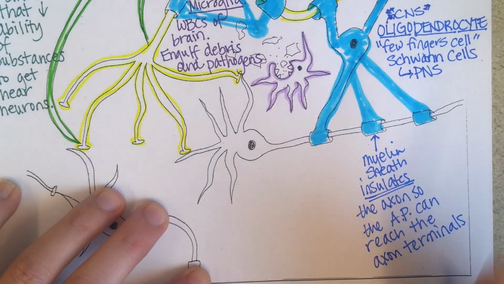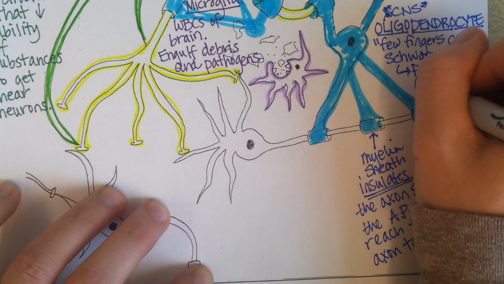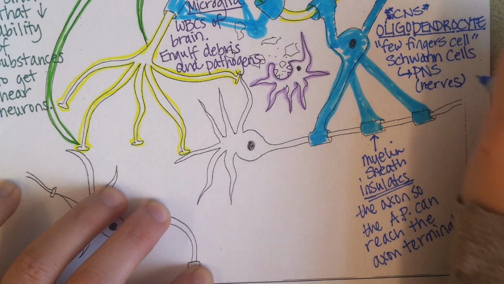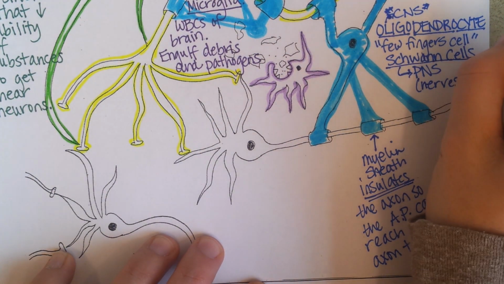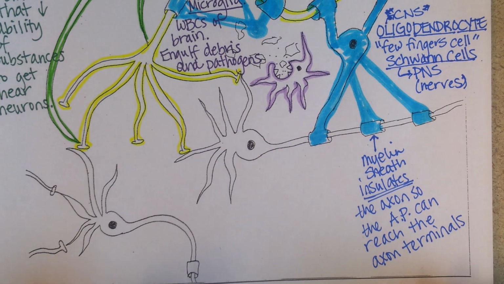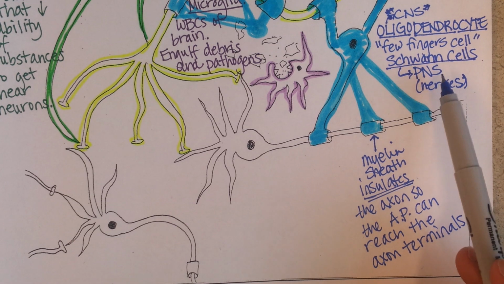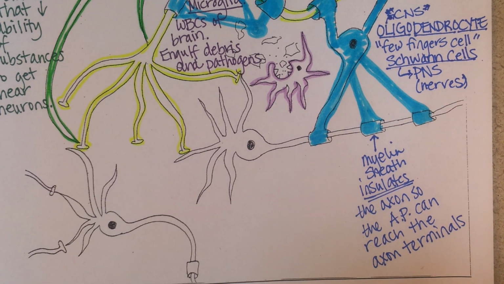The Schwann cells are in the peripheral nervous system, or in other words, in the nerves. And a student once gave me the great idea that the way to remember that Schwann cells are wrapping axons in fat is to remember that the Schwann company brings great ice cream. And of course, good ice cream is very high in fat. None of this low-fat stuff if you want truly creamy ice cream.